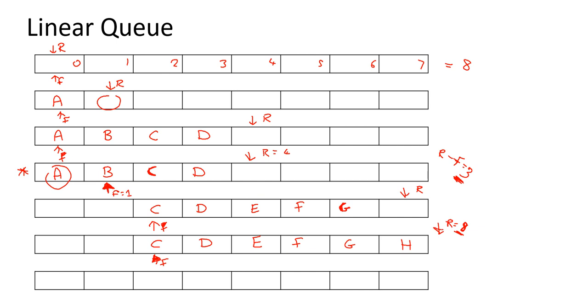The rear pointer can't move any further up because we can't put any new objects in at position 8, because 8 doesn't exist inside of this array. The array's positions go from 0 to 7, and as we reminded ourselves earlier on in this video, arrays are of a finite size. In this case, my array is 8 in length, therefore it can't go any higher.